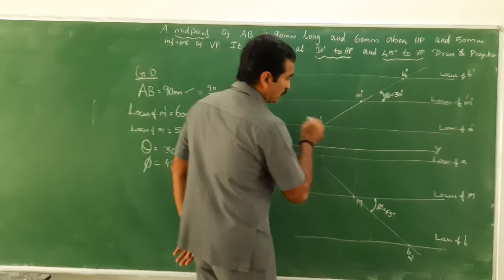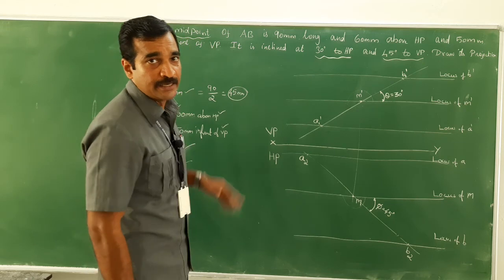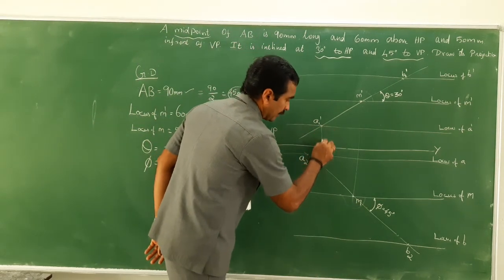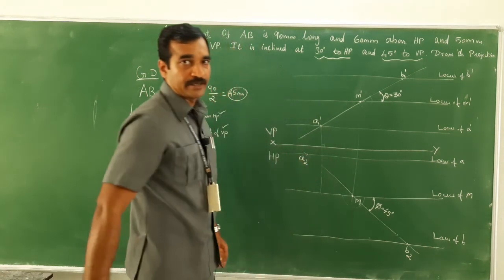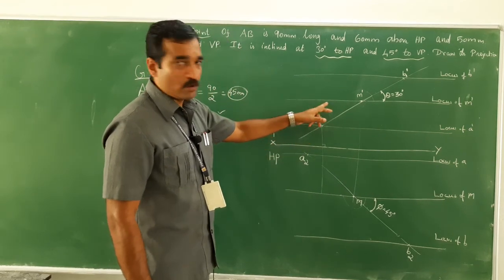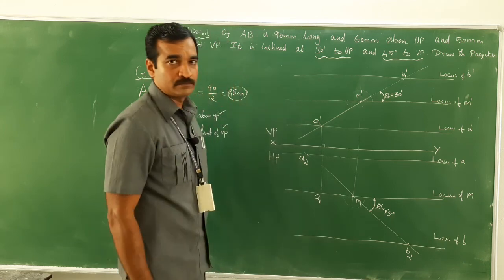So here what I am going to do is from A1 dash I am going to draw a projector till it intersects the locus of M. Draw a line which should be perpendicular to the reference line till it meets the locus of M. So the A1 dash becomes A1.